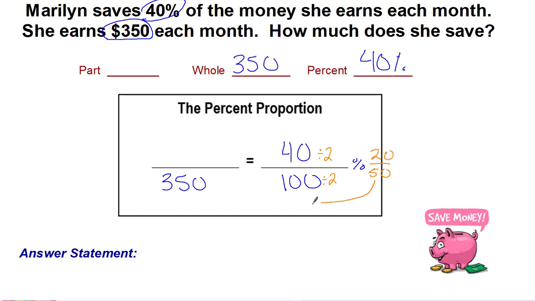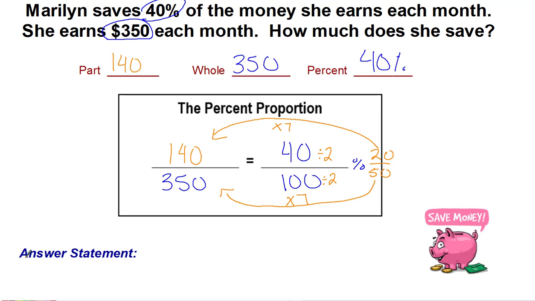Okay, now 50 times what gives me 350? Well, times 7. 50 times 7 gives me 350. So 20 times 7 would give me 140. And that's how I would get my answer using a percent proportion.